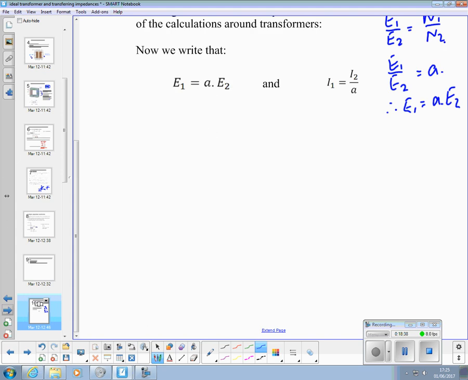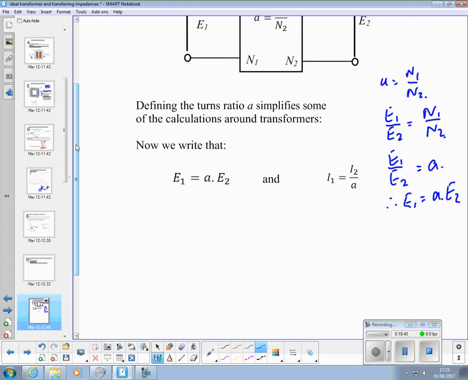Also, we've got A as N1 over N2. N1 over N2 is equal to I2 over I1. Again, remember, it's the other way up.